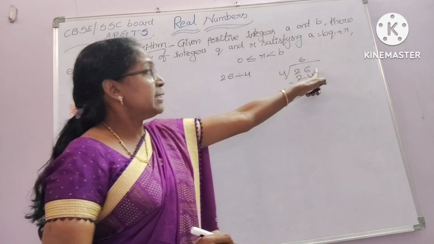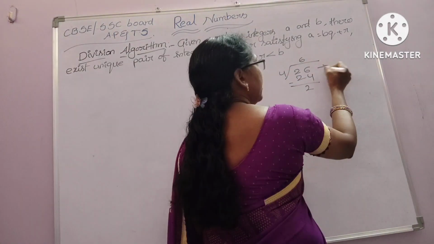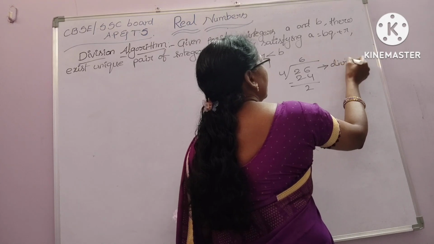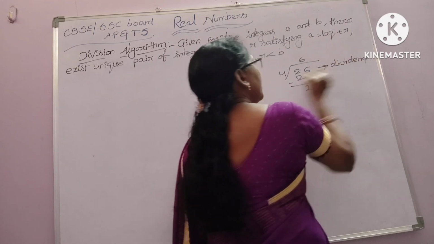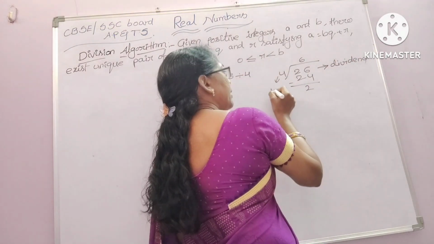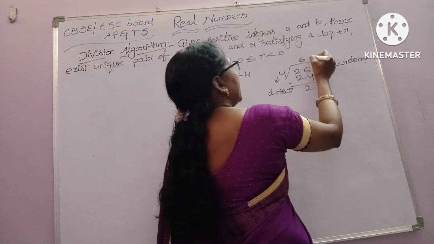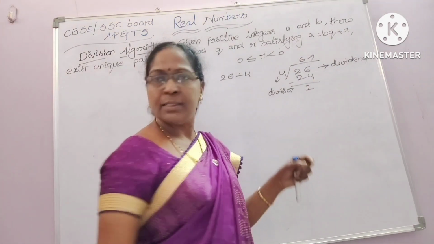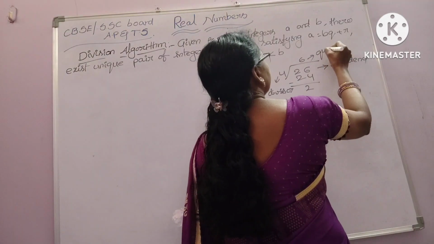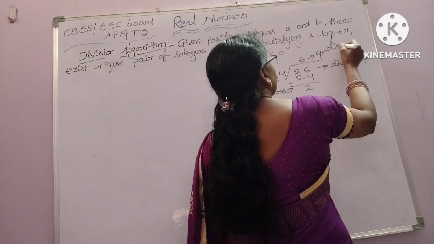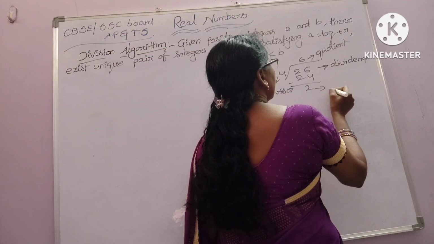Here what is 26? Dividend. And 4 is the divisor. And 6 is the quotient. And 2 is the remainder.